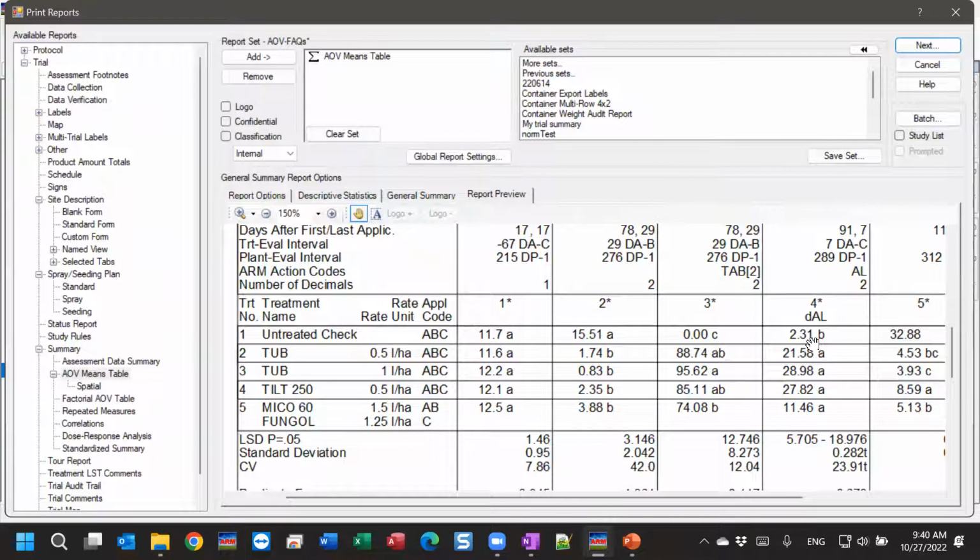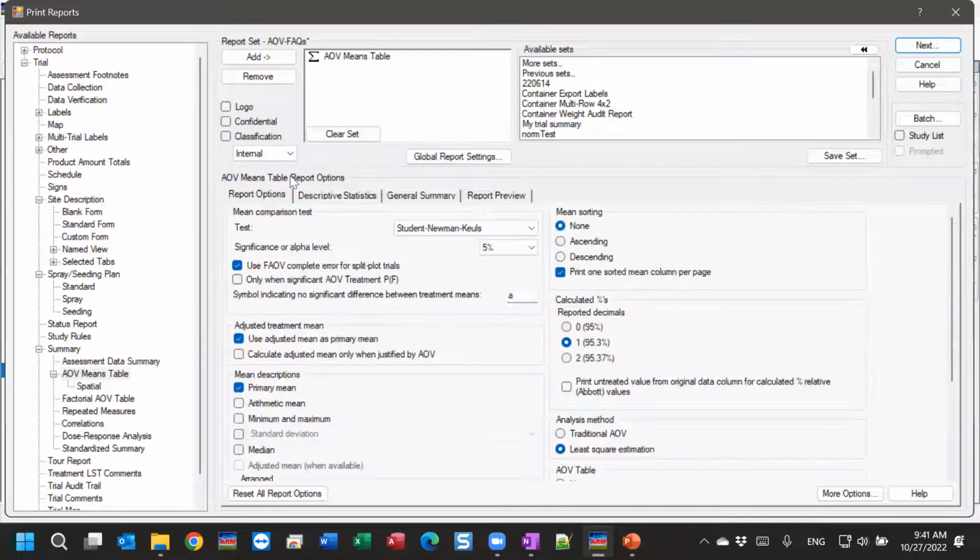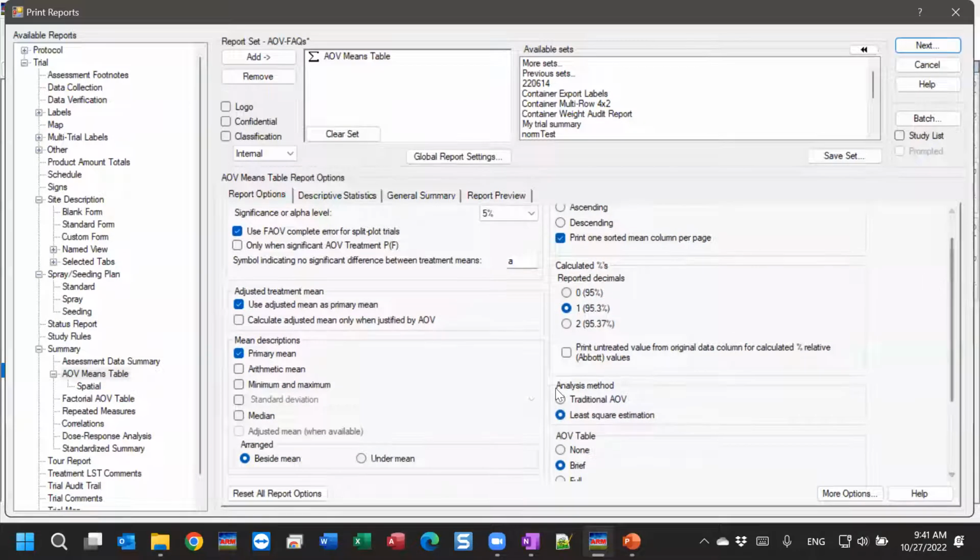So if we did have a missing data point, then the analysis needs to make an adjustment. And just depending on some of your analysis choices, there's a few different methods for adjusting. I'll try to keep this brief, but it really comes down to the analysis method that you've chosen.